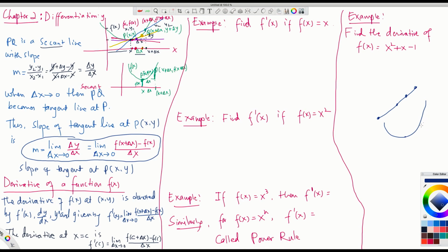So how do I find the slope of a curve? To find the slope of the curve, we find the slope of the tangent line at each point. For example, at this point we draw a tangent and find its slope. At this point, draw a tangent and find the slope of that tangent. And similarly at all other points.